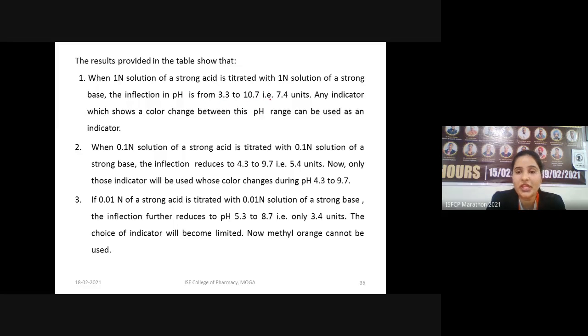That is, 7.4 units. Any indicator which shows a color change between this pH range can be used as an indicator for that particular titration.